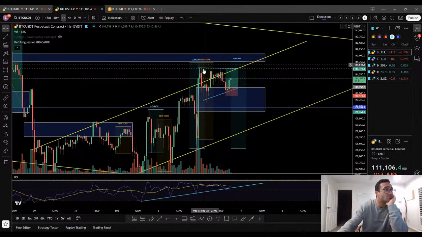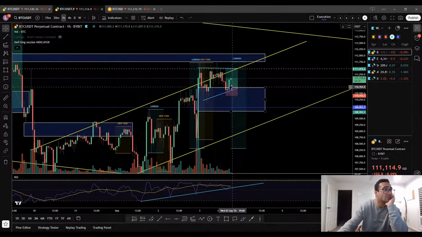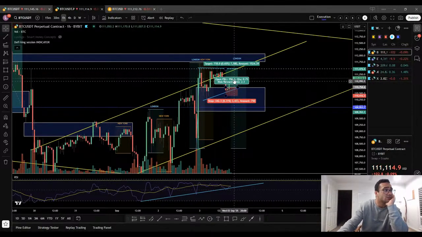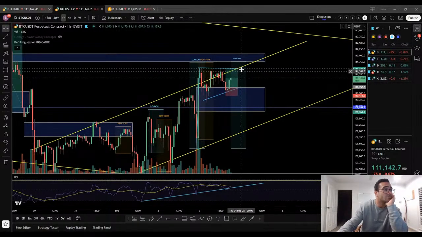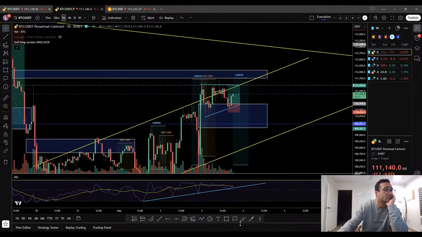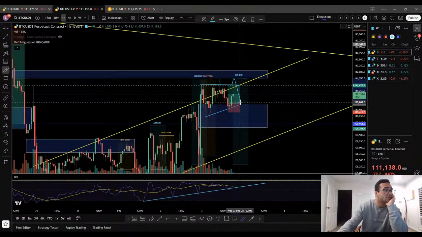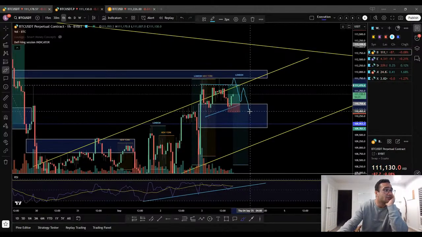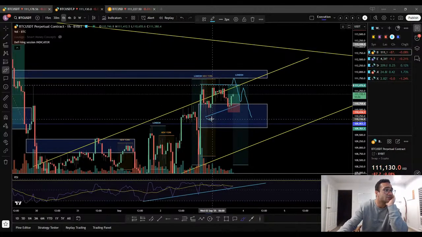But inside this bull flag, normally a bull flag means that we are going to have another run up. So realistically, we could bounce, come back in, hit the trend, bounce, come down, wipe out these lows here. That's liquidity.